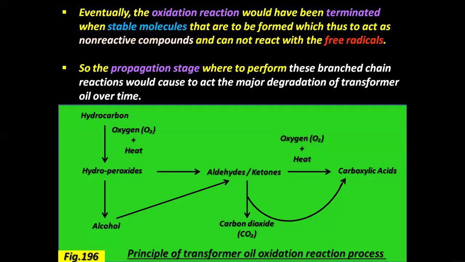Eventually, the oxidation reaction is terminated when stable molecules are formed, which act as non-reactive compounds and cannot react with the free radicals. So, the propagation stage, where these branched chain reactions are performed, causes the major degradation of transformer oil over time. Now see figure 196, principle of transformer oil oxidation reaction process.